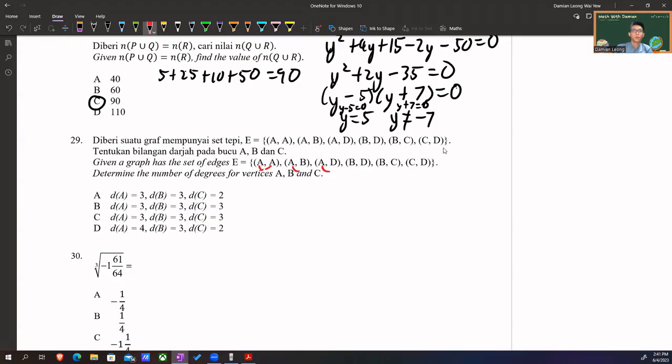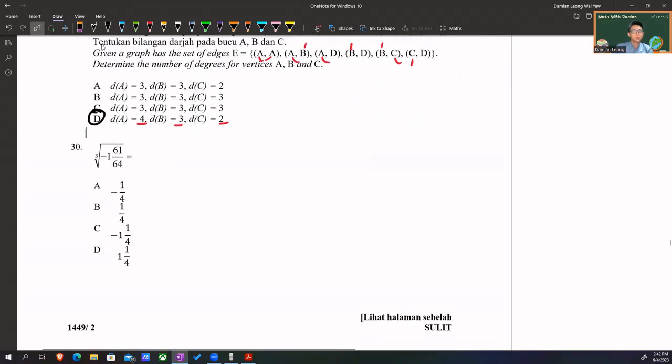That's it, 4. B is 1, 2, 3. 3. C is 1, 2. So 2. So the answer would definitely be D. You just see how many edges are connected to it.